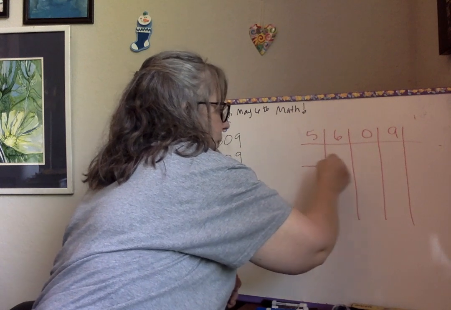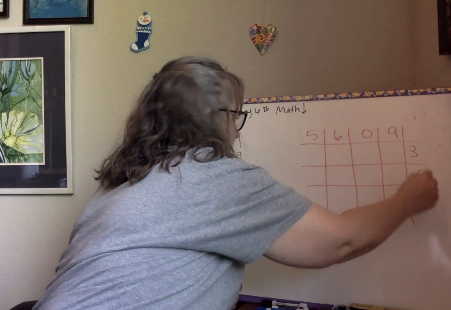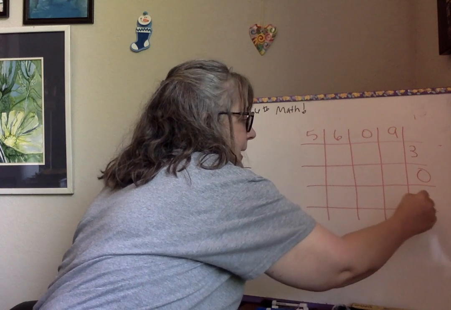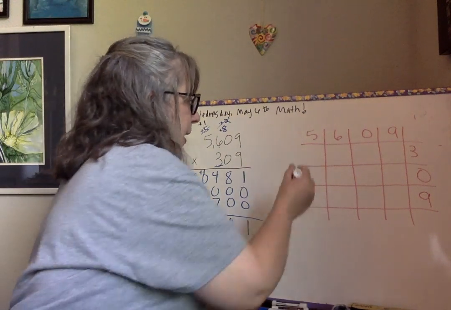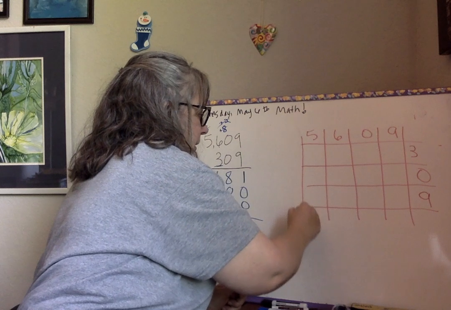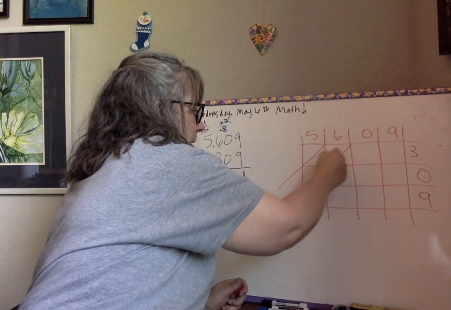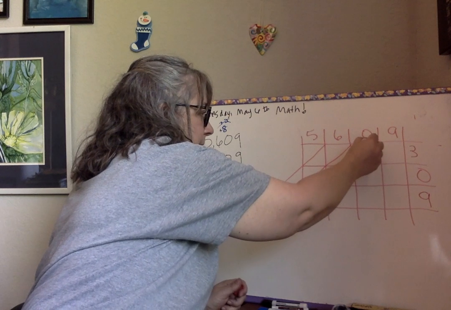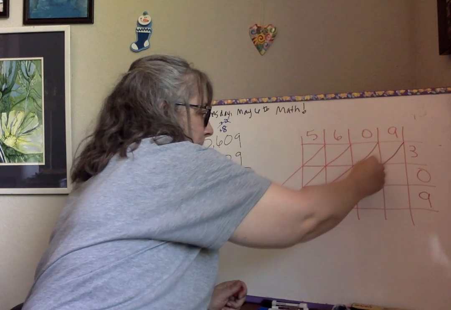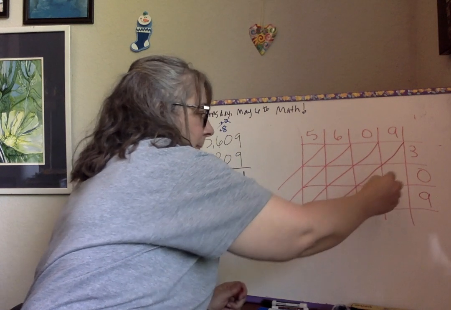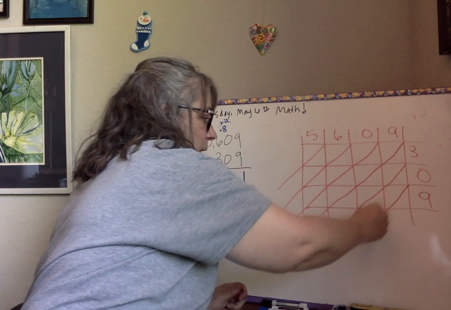And then we have a 3, 0, and 9. Let's start making our nice, neat little boxes with diagonals off to the side.